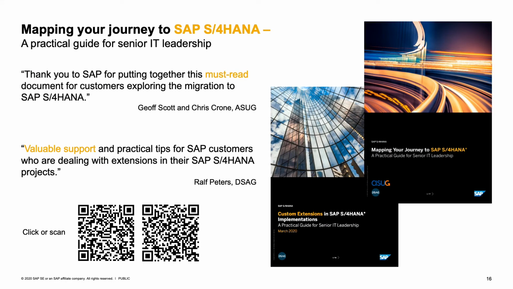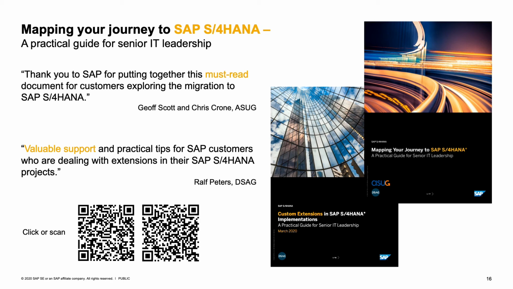I would like to conclude the session with a little commercial for our work stream within the movement team. We've created two white papers in collaboration with ASUG and DSAG. The first one is Mapping Your Journey to S/4, which covers the most important aspects of your implementation project. It's condensed experience from over 70 subject matter experts from SAP.